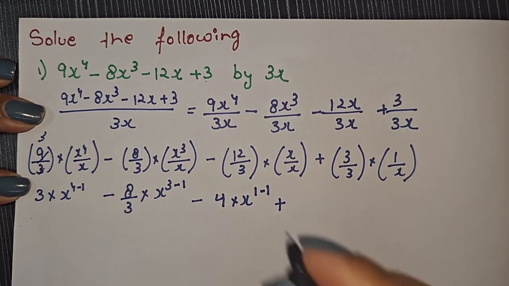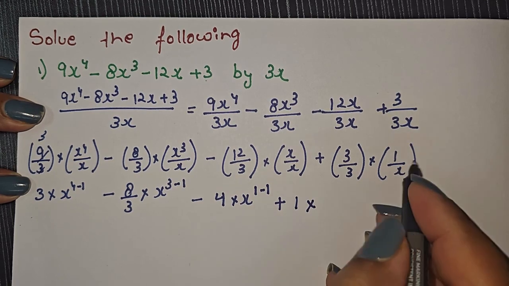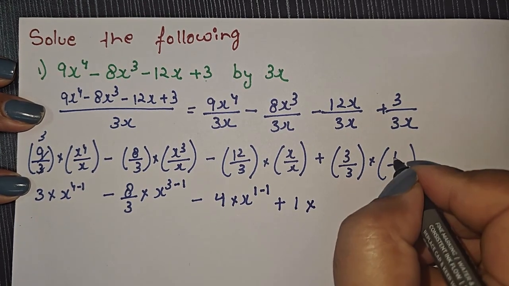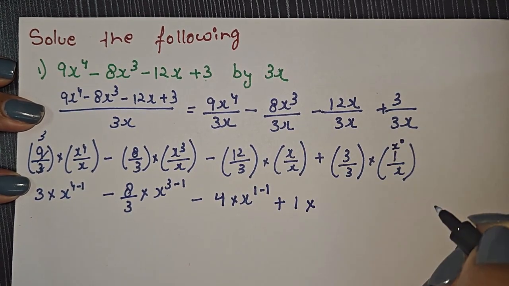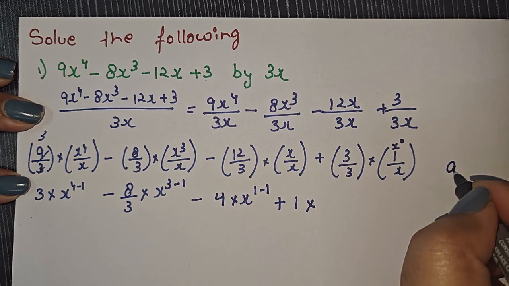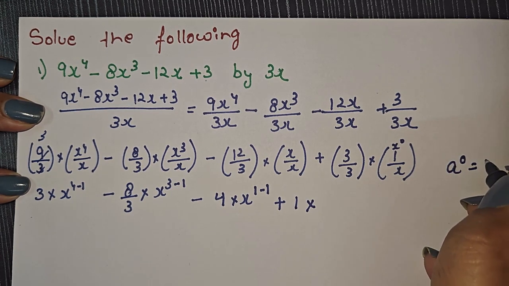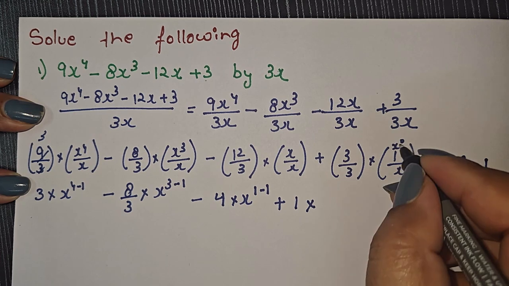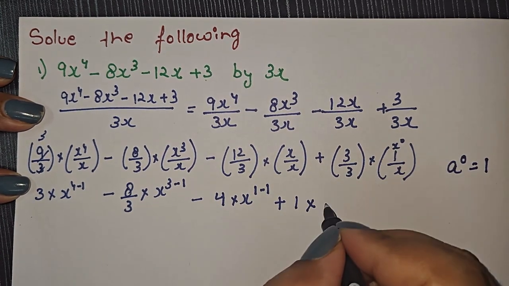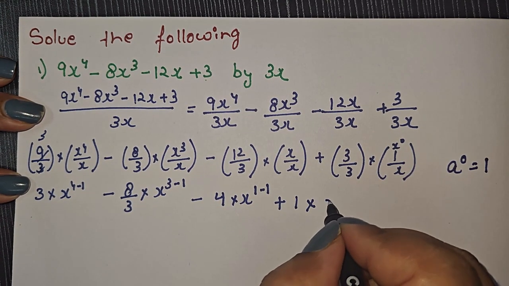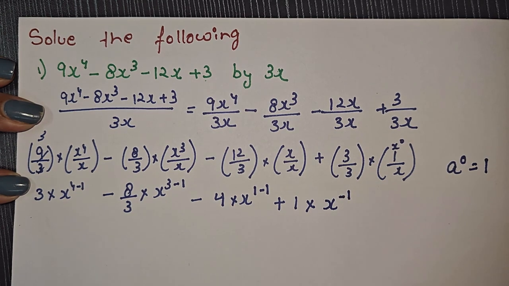It will be 1 into, since there is no x, we will consider this as x to the power 0, because we know a to the power 0 is equal to 1. So this can be written as this. So we will say it will be 3 into x to the power minus 1.